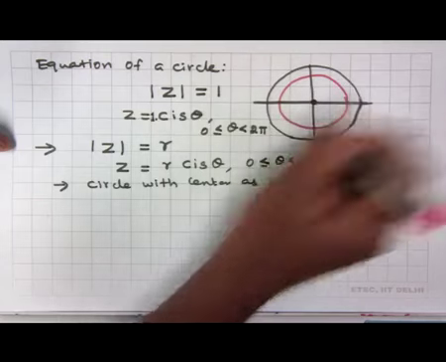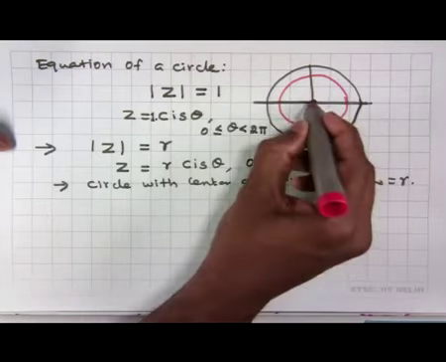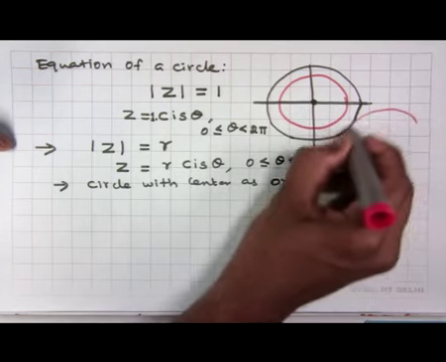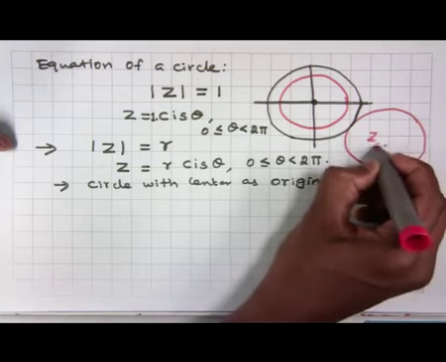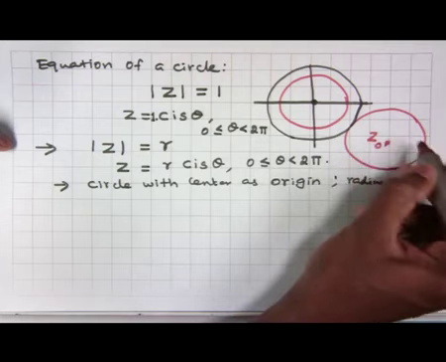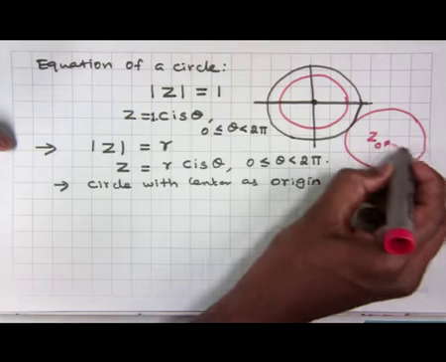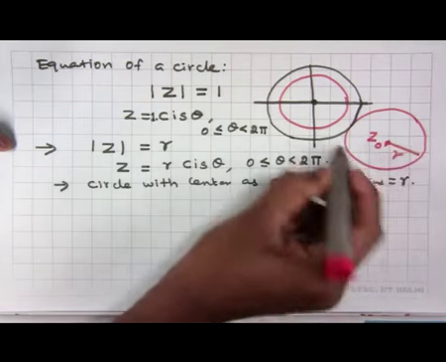To describe any general circle, I just need to move the center to some other place. So, what will be the circle equation if I consider any point in the plane, let us say z0, as a center and let us call the radius as r? What is the equation for this?